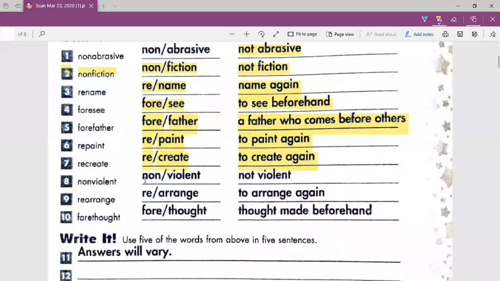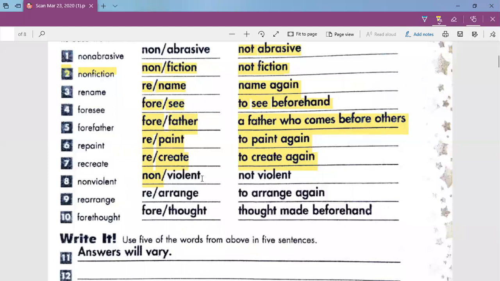So which is the prefix? Okay, go ahead. The prefix non. Non, of course. Which is the base word, Jared? I think Jared and Kevin are not using the app properly because they don't have the mics.